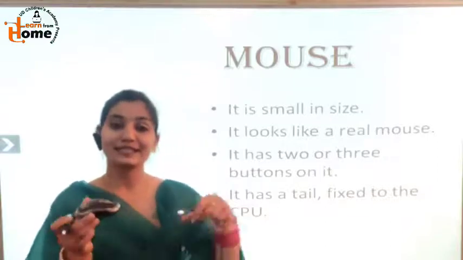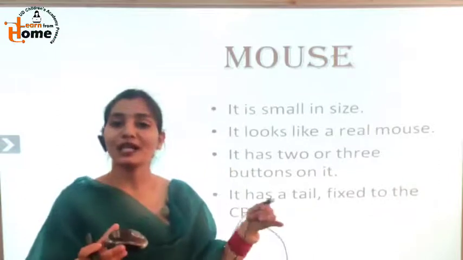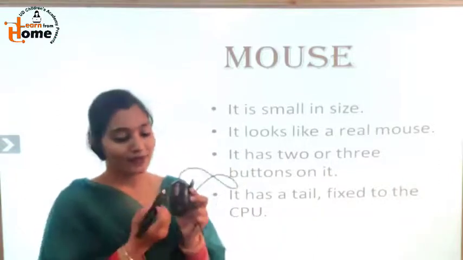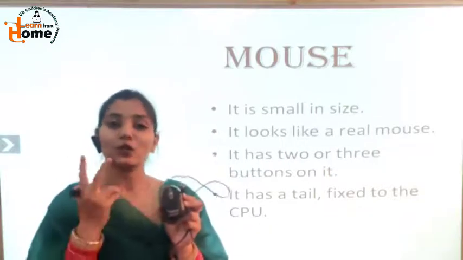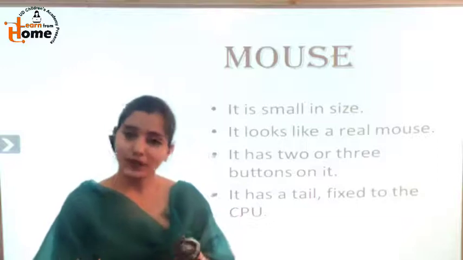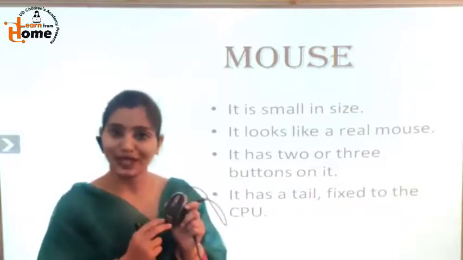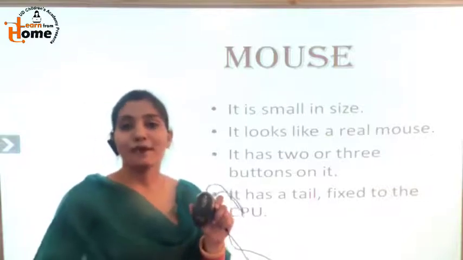This wire is attached to the CPU of the computer. On some mouses there are 3 buttons, but this is a 2-button mouse, okay? These are the 2 buttons of the mouse.